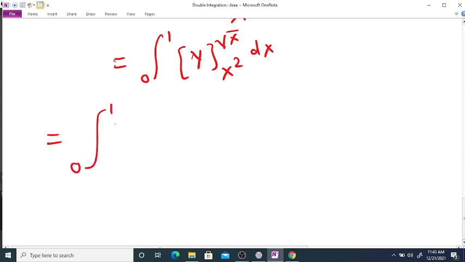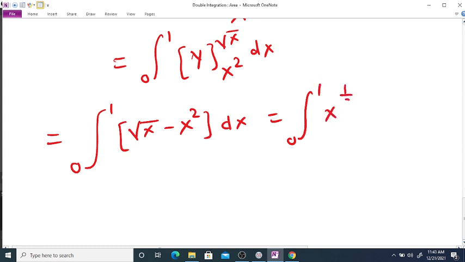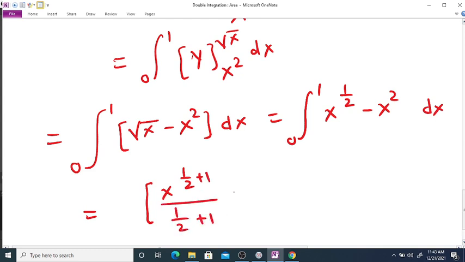integration 0 to 1 of square root of x minus x square dx. This is same as 0 to 1 of x raised to 1 by 2 minus x square dx. Now the integration of x raised to 1 by 2 is x raised to 1 by 2 plus 1 divided by 1 by 2 plus 1, and integration of x square is x cube by 3, and the limit is from 0 to 1.